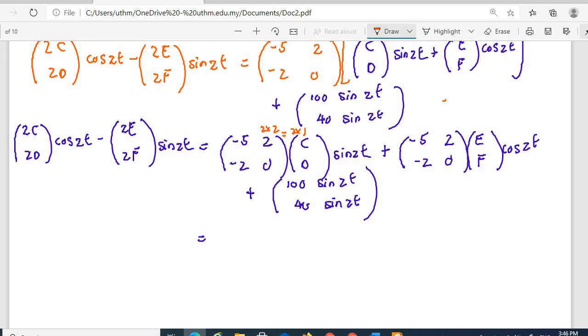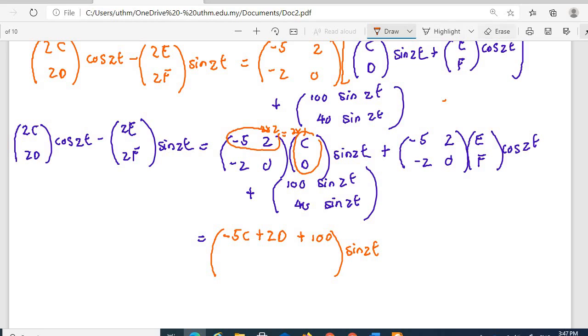And then how do you multiply a matrix? Take 1 row times 1 column. So negative 5 times C plus 2 times D. Negative 5C plus 2D. Okay, this is for sin 2t. So I collect with this one, 100 sin 2t.